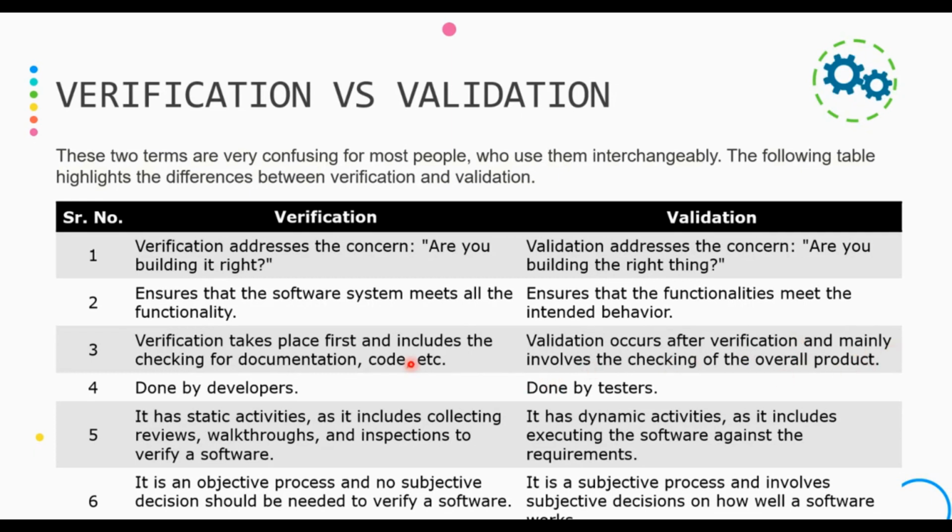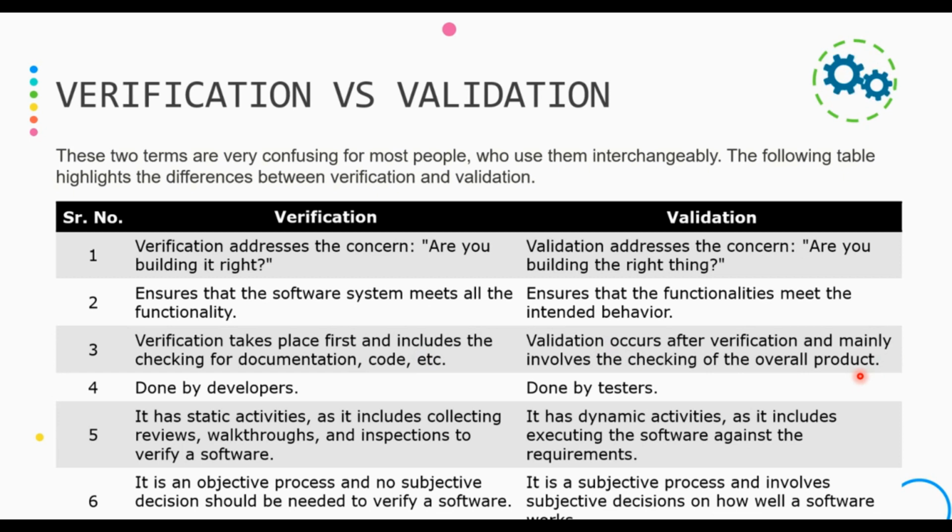So we can say the documentation or reports we generated in the verification phase are nothing but an input for the validation phase. The report we generated is matched with the exact output, the exact product. They check whether the expected or actual values are coming out or not.